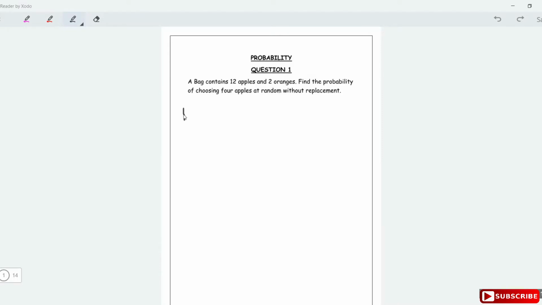So the probability of you getting, I'm going to write apple, apple, apple, apple, probability of getting 4 apples is going to be equal to, you're choosing first apple, there are 12 apples out of how many fruits? 14.